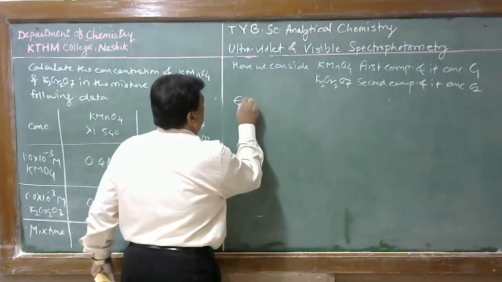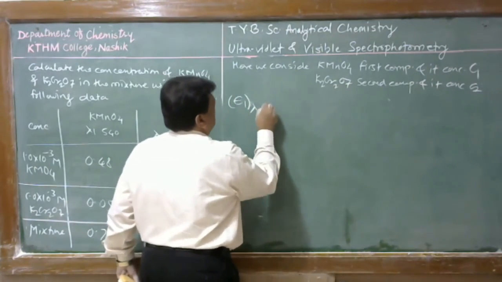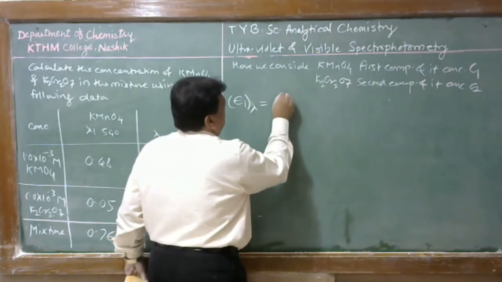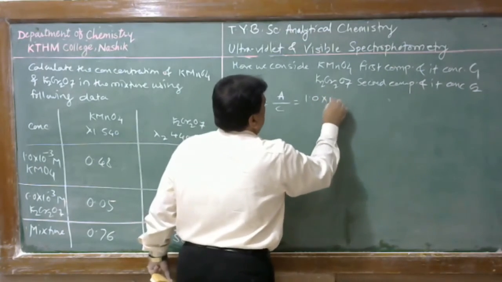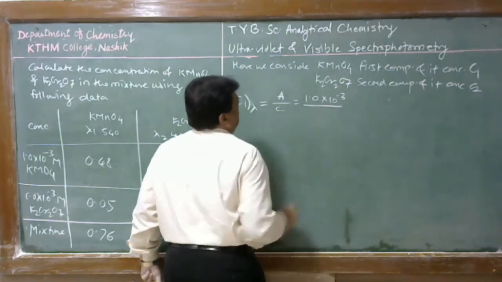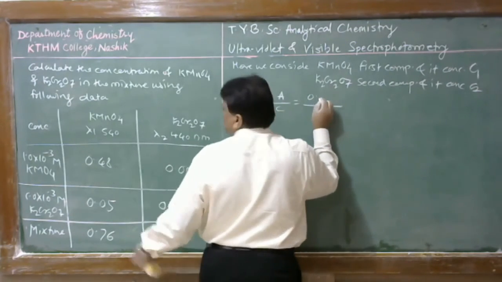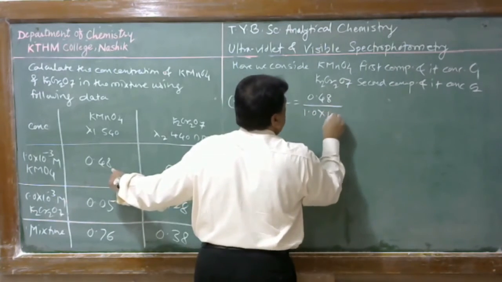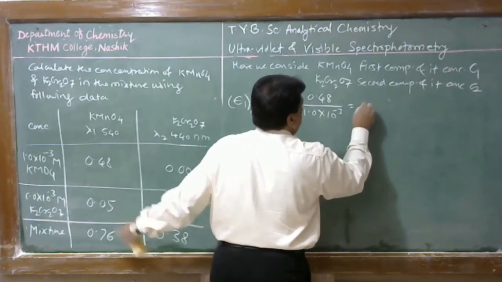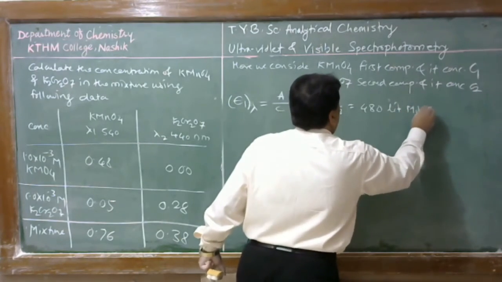Epsilon of the first component at its own wavelength lambda 1 is equal to A upon C, which is equal to 0.48 divided by 1.0 into 10 raised to minus 3, which is equal to 480 liter per mole per centimeter.